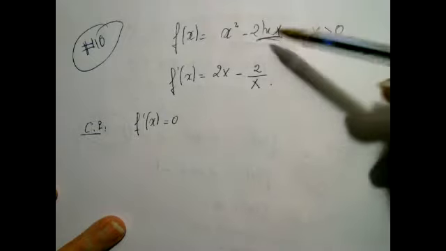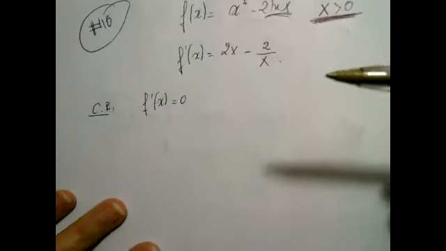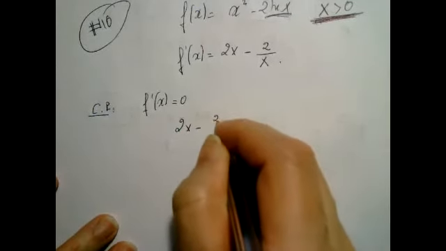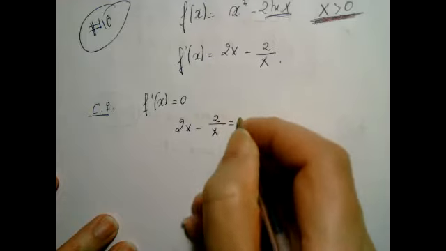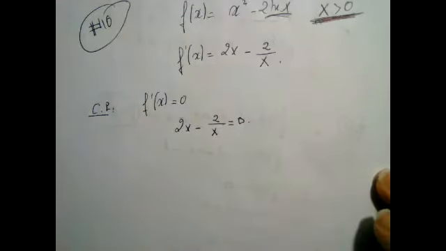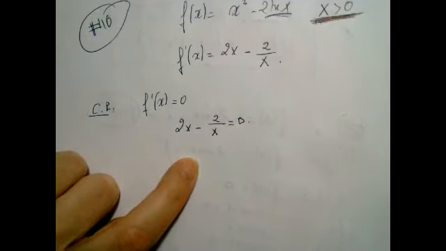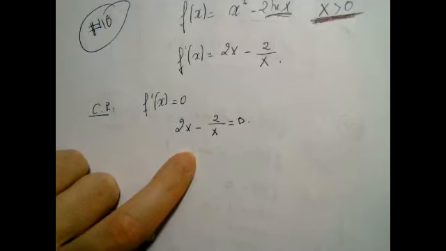So we have to be very careful with our x's. So 2x minus 2 over x equals 0. Let us solve for x here. How would you like to solve for x in here? I usually follow you guys to solve. How would you like to solve?